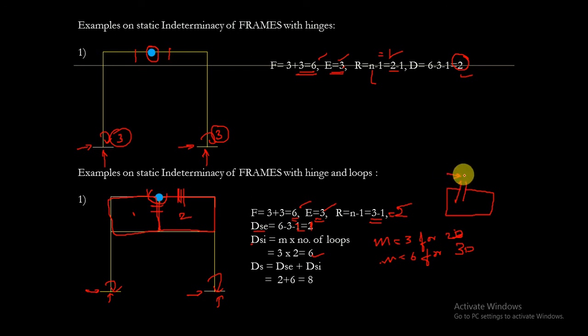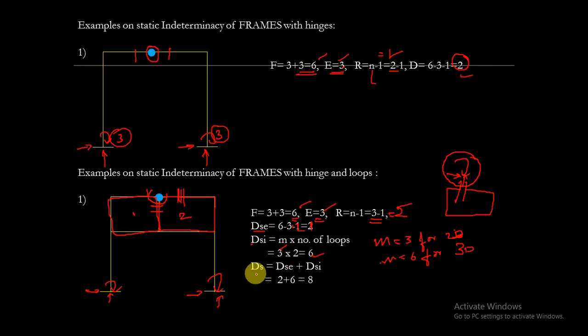That is horizontal reaction, vertical reaction, and a moment. For each loop, if we cut it, there develop 3 unknown reactions at the cut. For 2 loops there will be 6 unknown reactions. So internal indeterminacy is 3 into 2, that is 6.